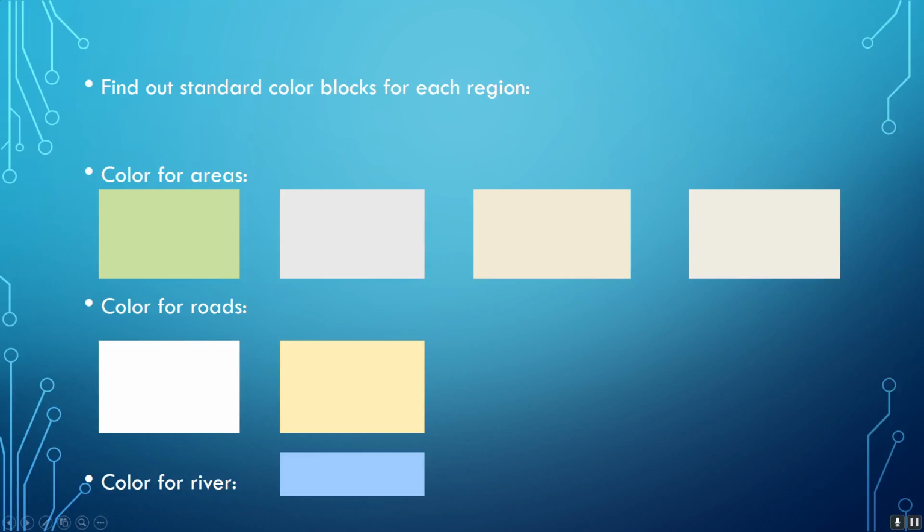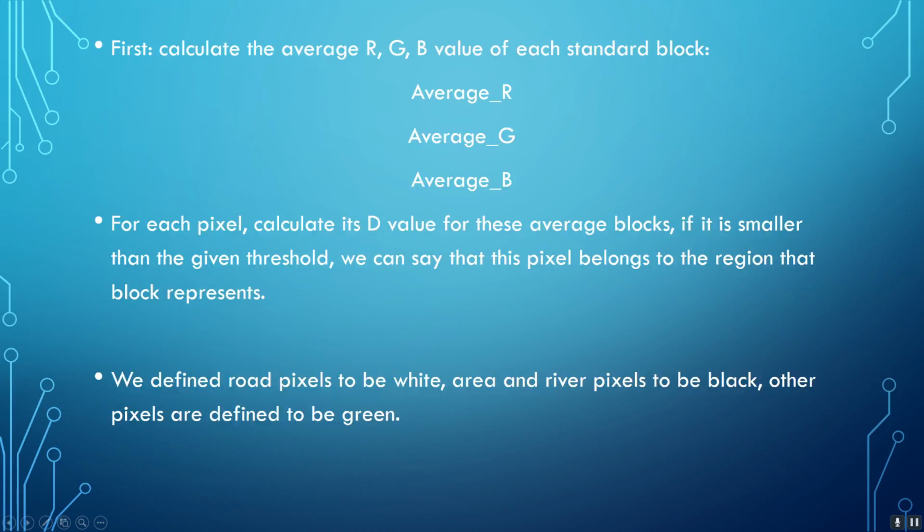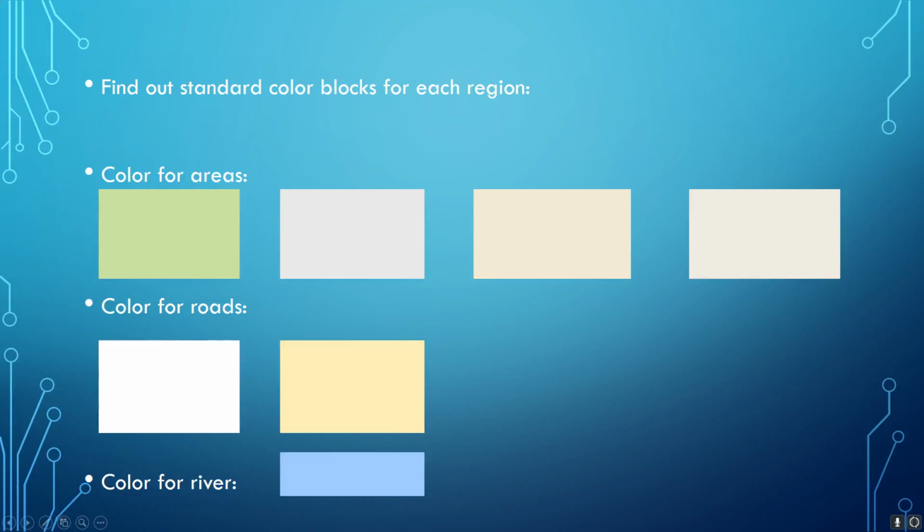River is blue, exactly. So for each block, I need to know what the RGB value is. So I need to calculate the average RGB value for every block here. For every block, I need to calculate its red, green, and blue value separately.